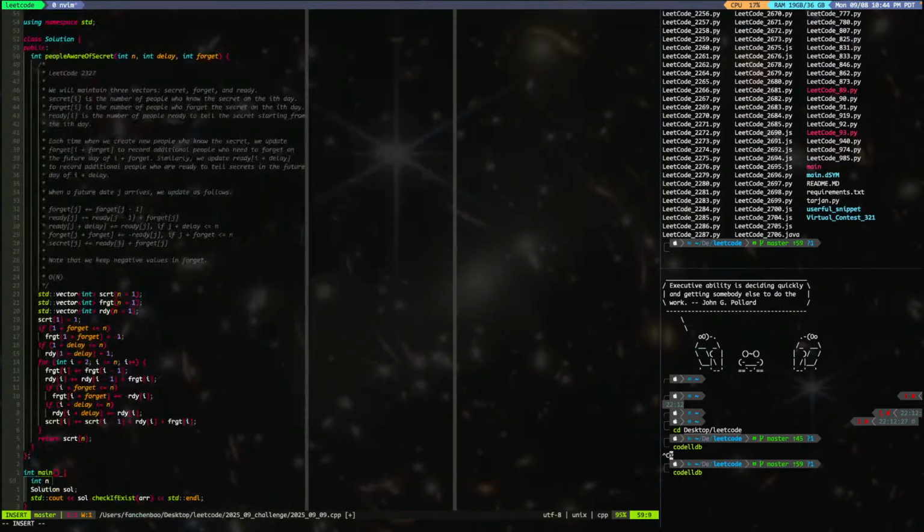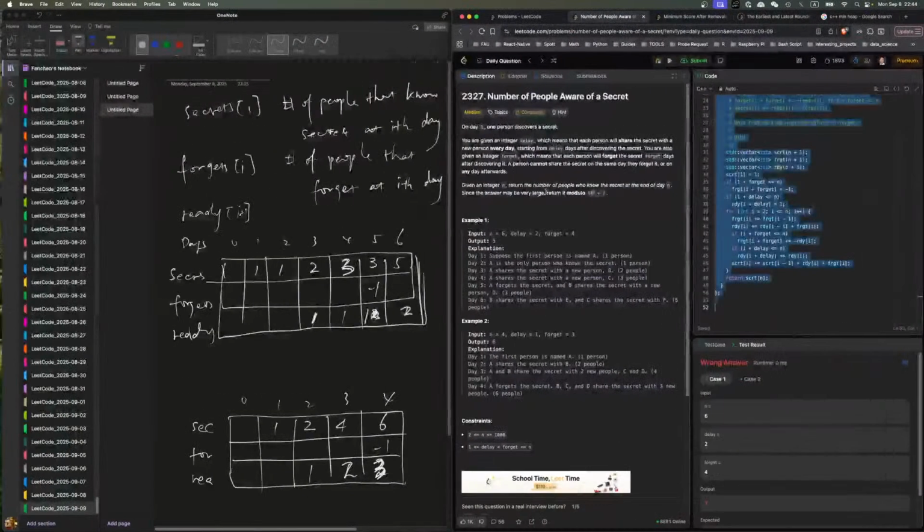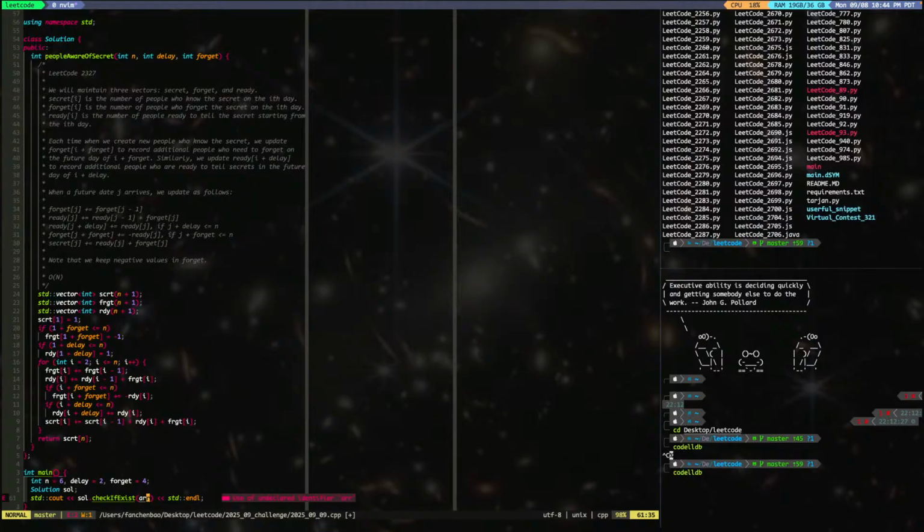So int n equal to 6, delay is equal to 2, forget is equal to 4, if I remember correctly. 6, 2, 4, yeah. And this is gonna be people. Oh, what the hell?